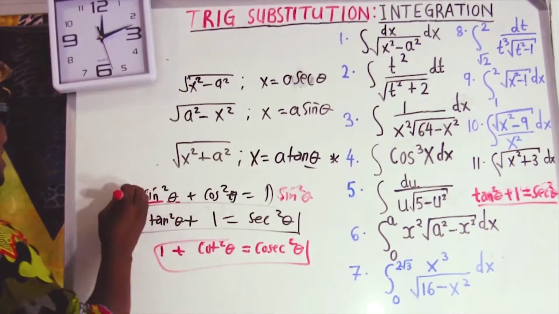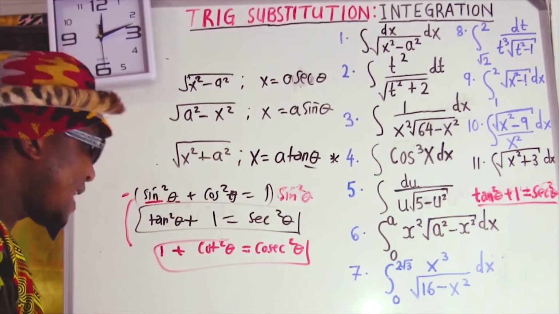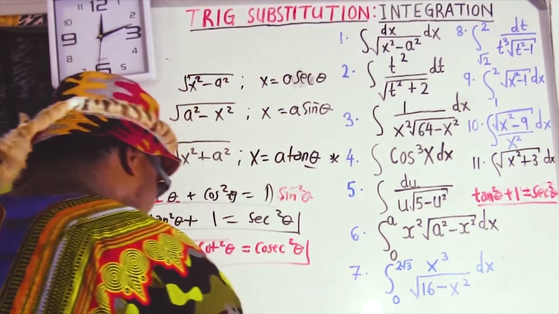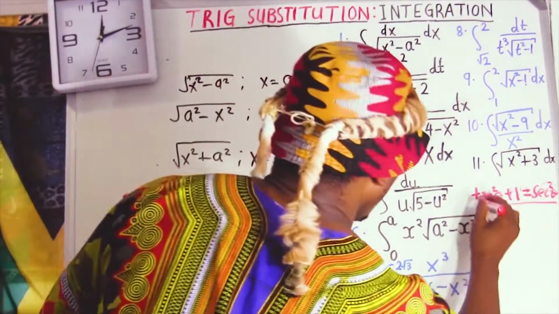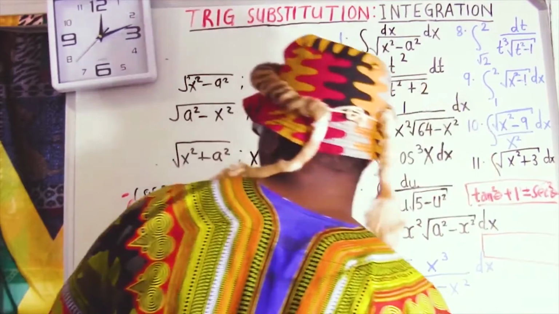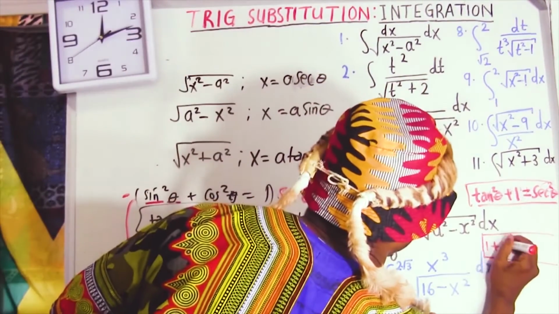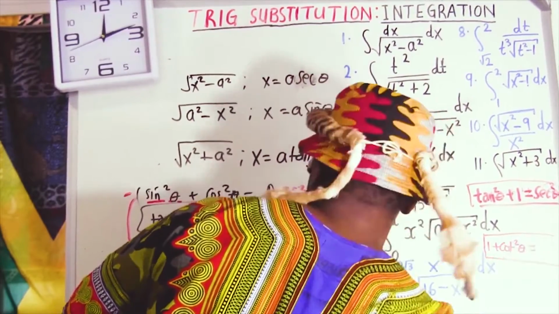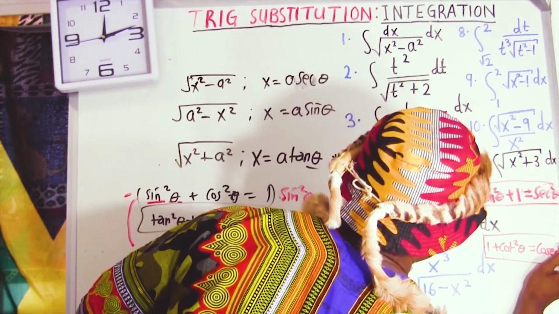So from the same identity, dividing by sine squared gives me that. I can write it aside because I'm going to use that too: 1 plus cot squared equals cosec squared of the angle.